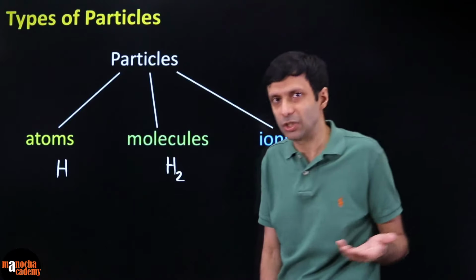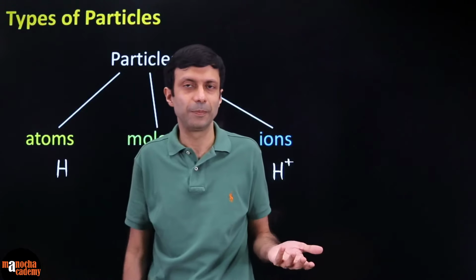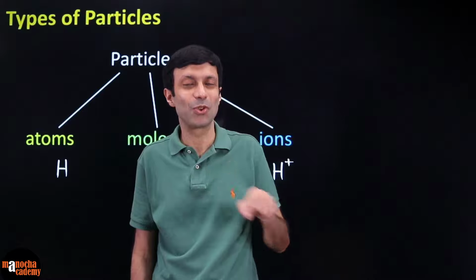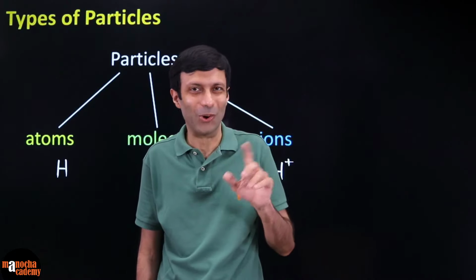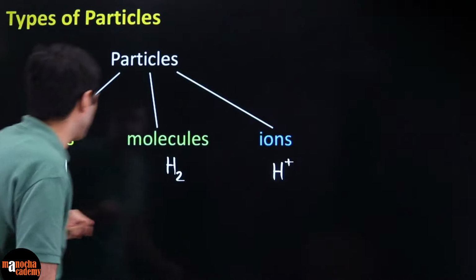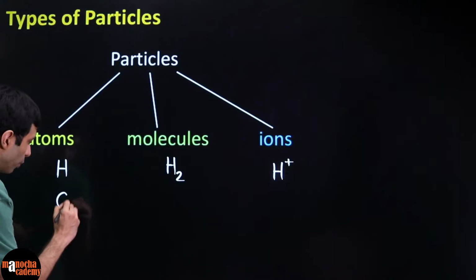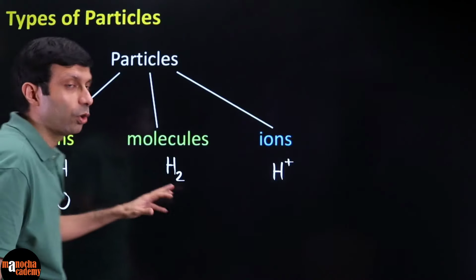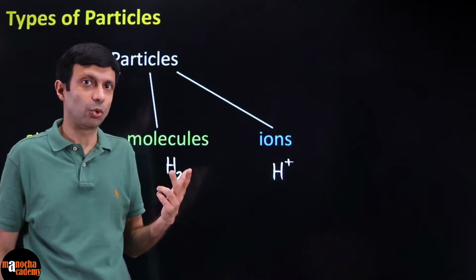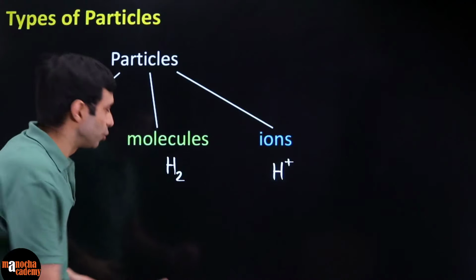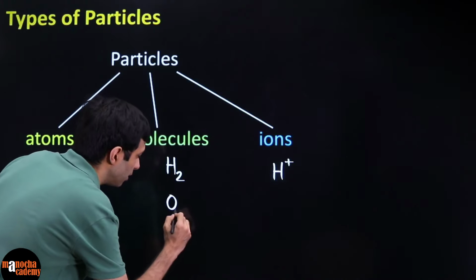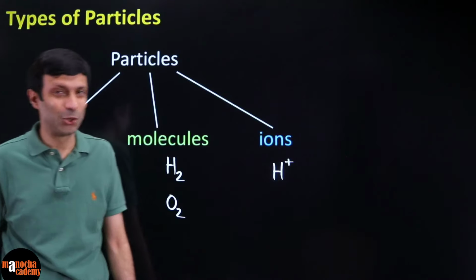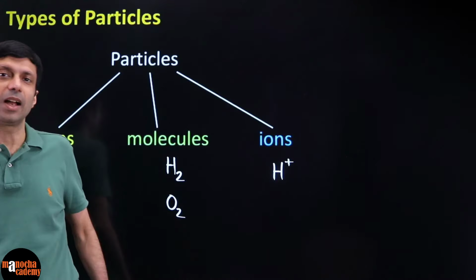Similarly, if you take the oxygen example, what is the symbol of oxygen? Oxygen symbol is O, right? Not 0, O. So one atom of oxygen we represent as O. Now a molecule of oxygen also contains two atoms. It is made up of two atoms. So we represent it, very good, as O2. And what is the oxygen ion?